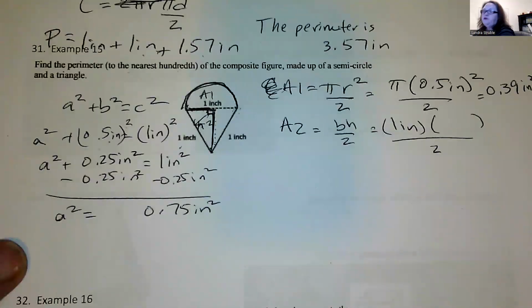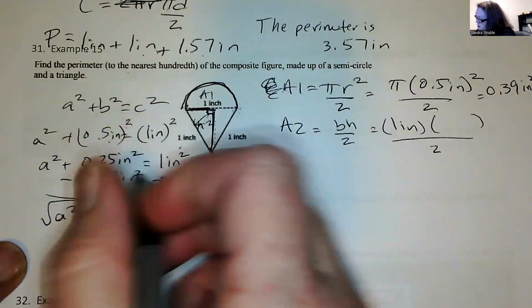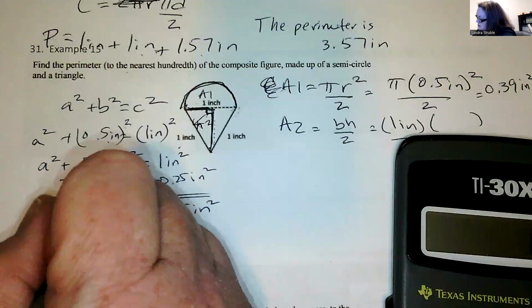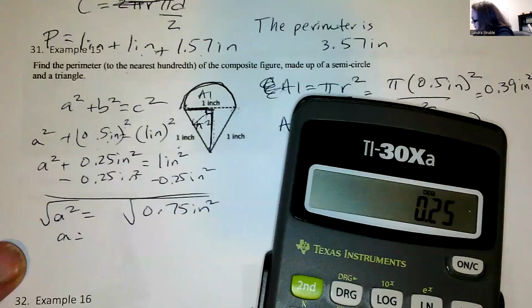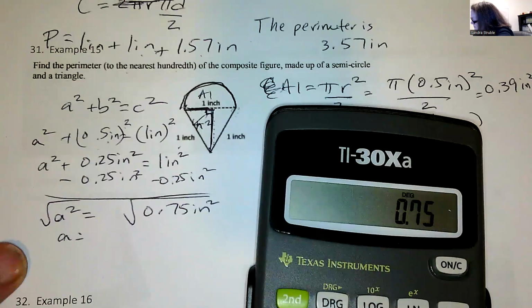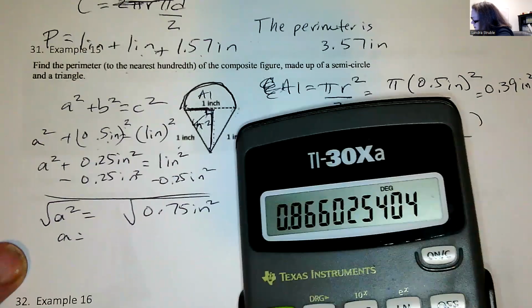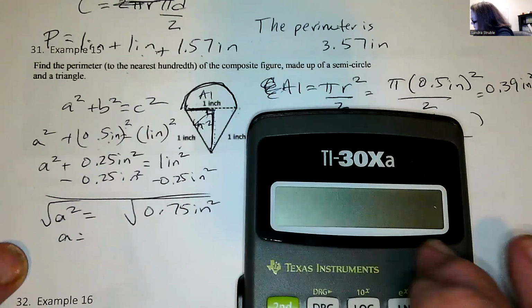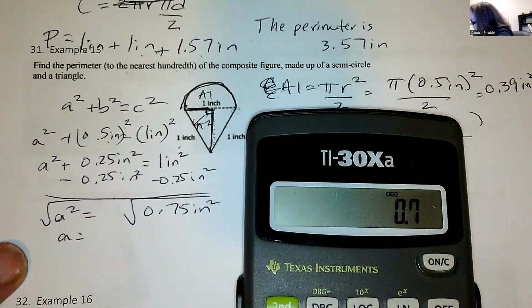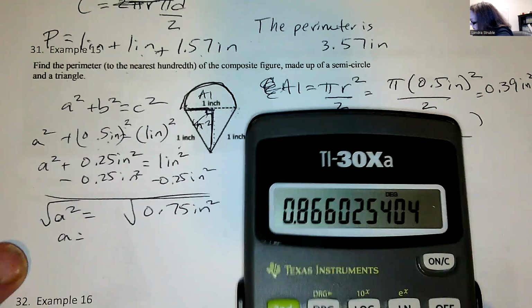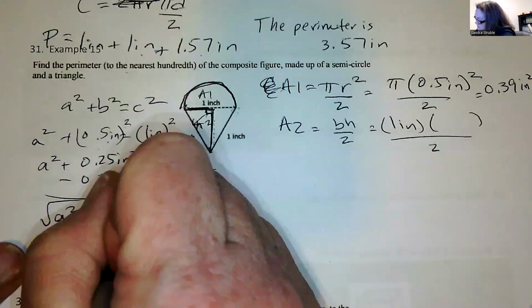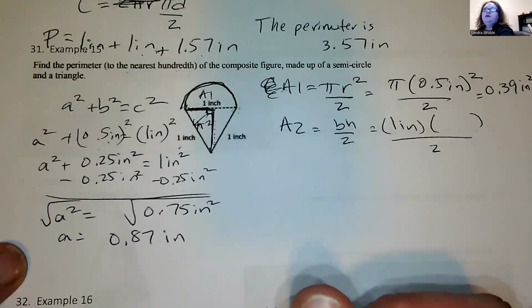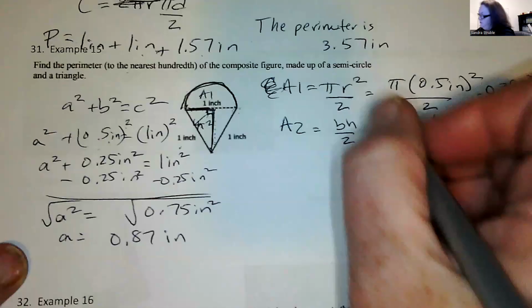We're going to isolate and solve for a, so we have to take the square root of both sides. What you do to one side, you do to the other. So we get a equals the square root of 0.75. And I get 0.866, so that's going to be 0.87. Just double checking myself. Yep, 0.87 inches. Okay, so that is the height.